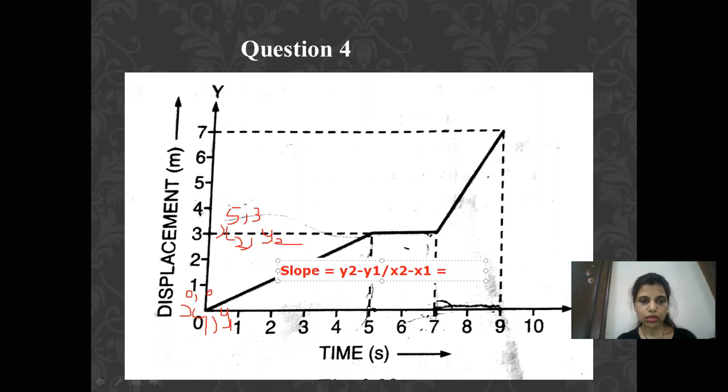So what do we get over here? y2 is 3 minus y1 is 0, upon x2 is 5 minus 0. So that is equal to 3 upon 5. That is equal to 0. Because 3 is less than 5, you have to write 0, then after the point you are allowed to write 0 after 3, so it will be 0.6.